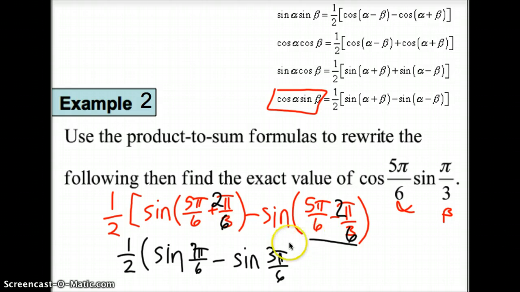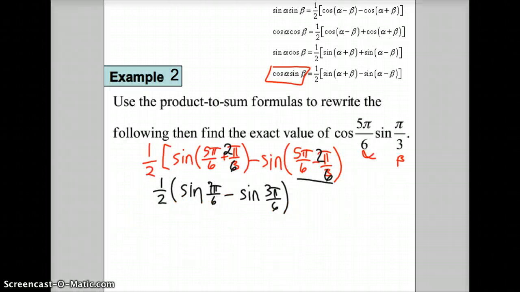Subtracted those two there. Okay, so now I'm going to look to my unit circle and find out what these values are. 3 pi over 6 is the same as pi over 2. I know that's 90 degrees, and at 90 degrees the sine is 1. So that value is going to be 1. The sine of 7 pi over 6 on my unit circle, that's the angle that's going to be down here, pi over 6.